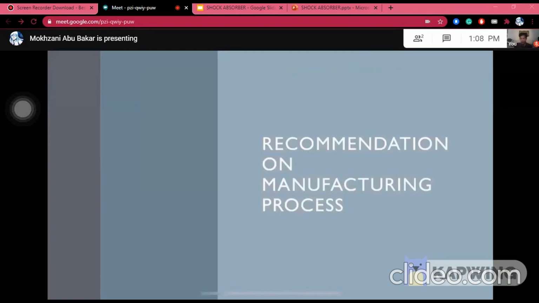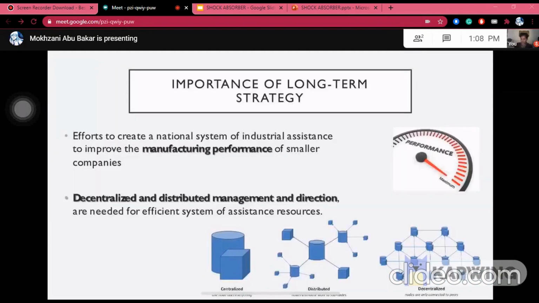First one is the recommendation on manufacturing process. The importance of long-term strategy. Efforts to create a national system of industry assistance to improve the manufacturing performance of smaller companies.